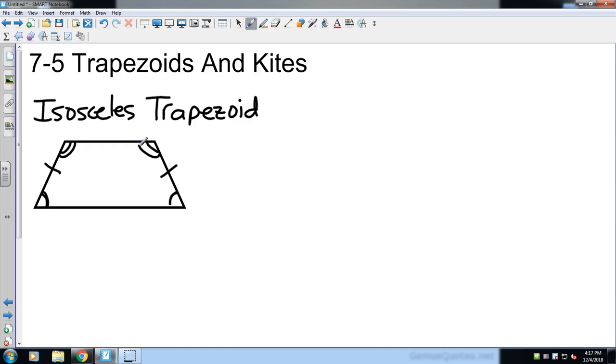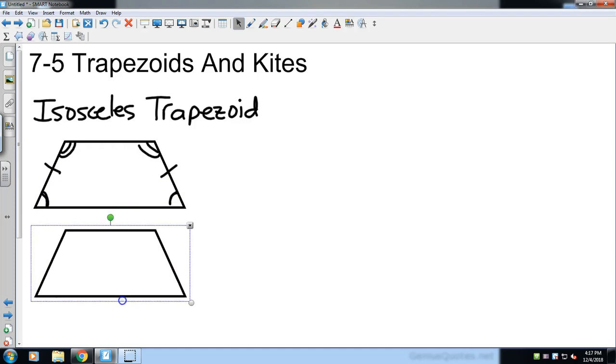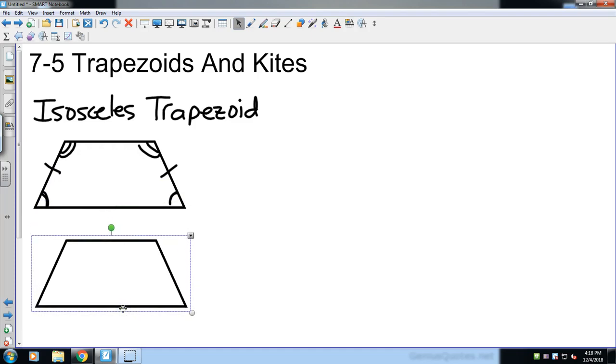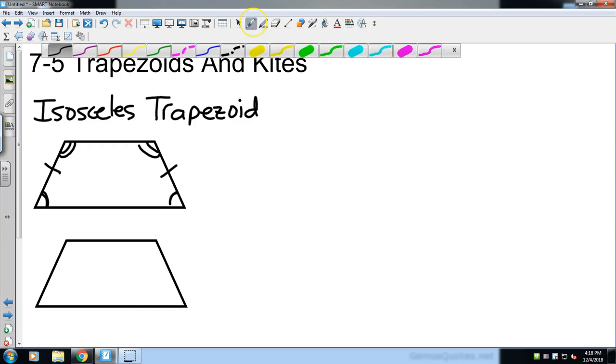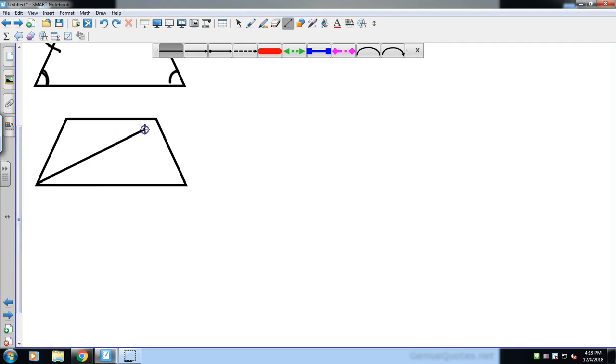Something also I could do, let me see if I can clone this. Let me get the whole shape. If I have this, I could also draw in the diagonals, and in an isosceles trapezoid, the diagonals are congruent to each other.